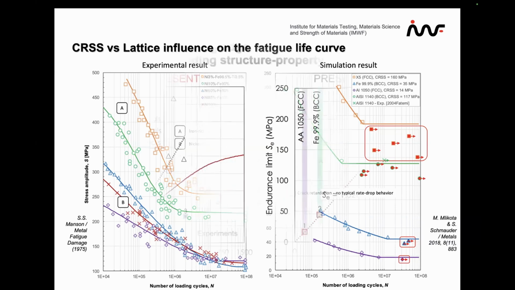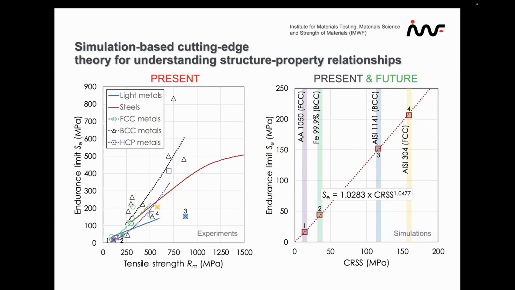This has been published, and when we plot the endurance limit as a function of tensile strength, we get some scatter. But if we plot it versus critical resolved shear stress, we get exactly a dependency on that. Therefore, machine learning can be used in future to better select materials based on this criterion rather than on the strength of the material.